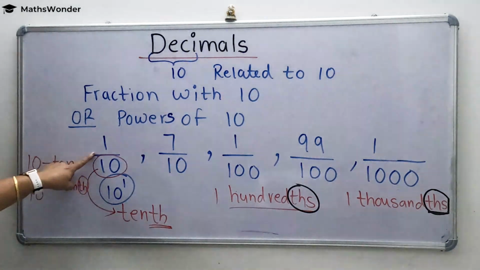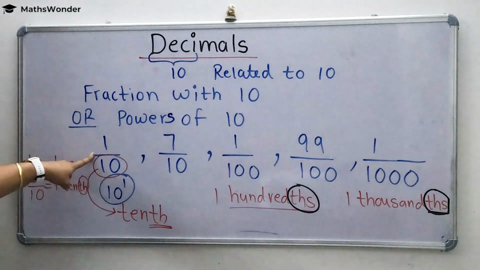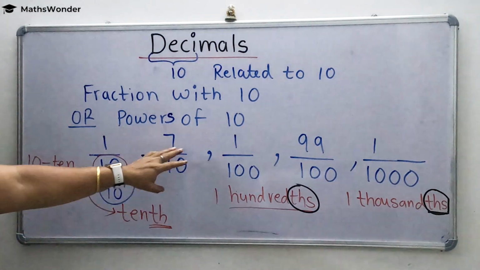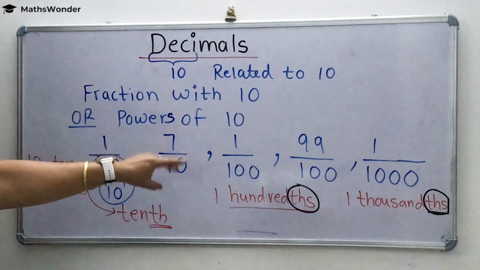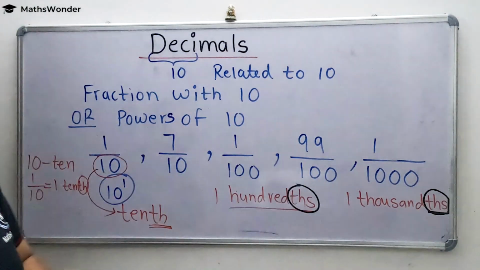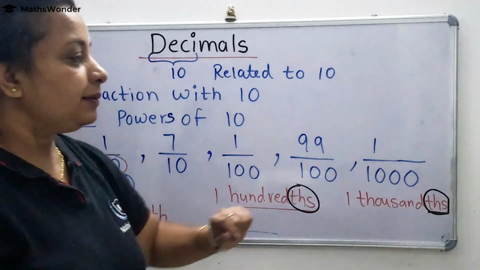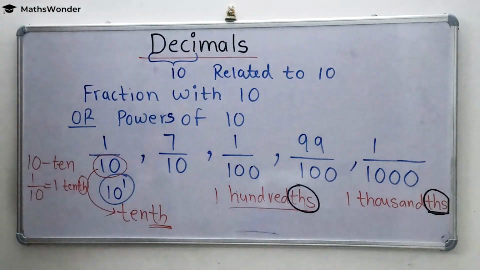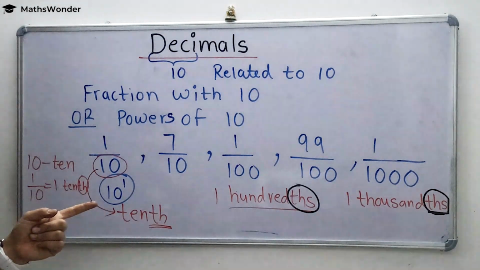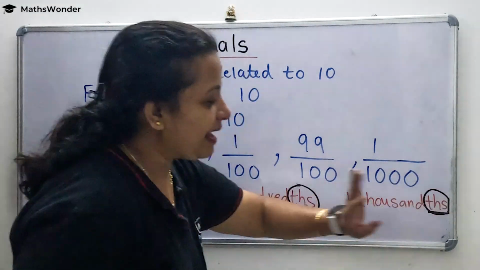Understood the concept? Fractions with 10 as the denominator are called tenths. Fractions with 100 as the denominator are called hundredths. Fractions with 1000 as the denominator are called thousandths.